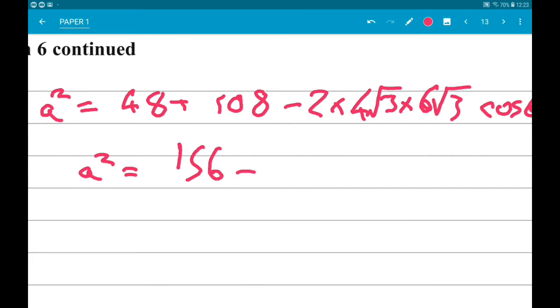minus, now cos 60 is a half, so 2 and that cancel, so we're just doing 4 root 3 times 6 root 3, which is 24 times 3, so 72.